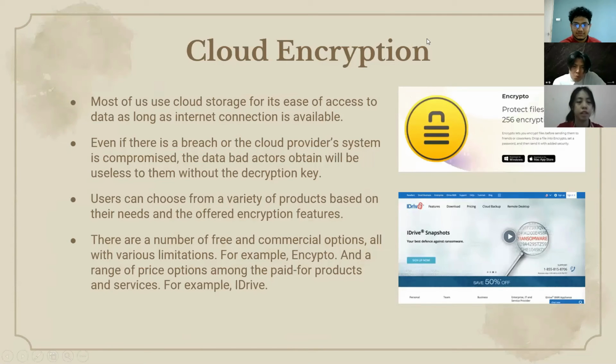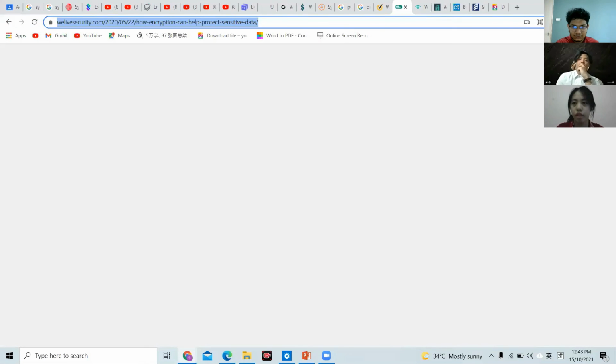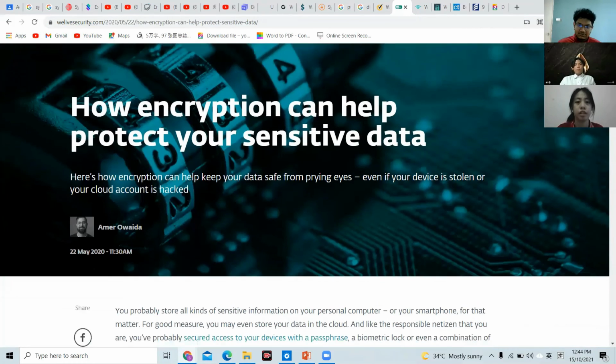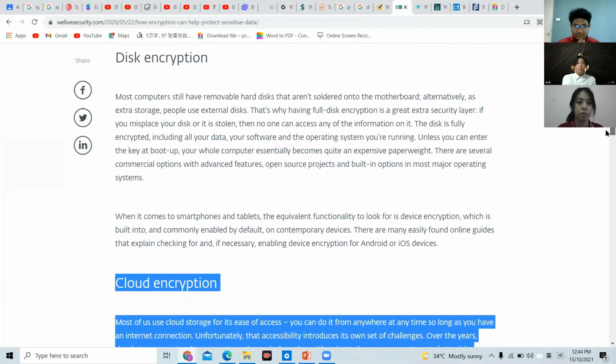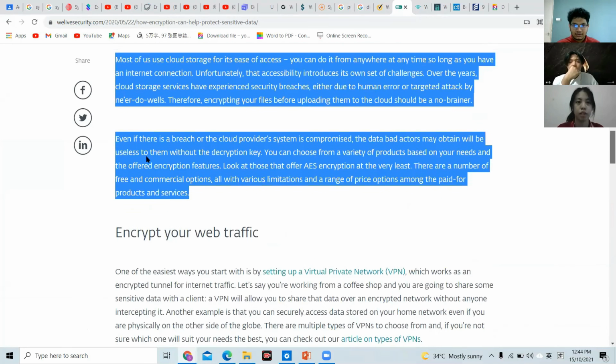I found this article about cloud encryption on a website. It's about how encryption can help you protect your sensitive data, and it mentioned many types of encryption. I'm choosing cloud encryption.